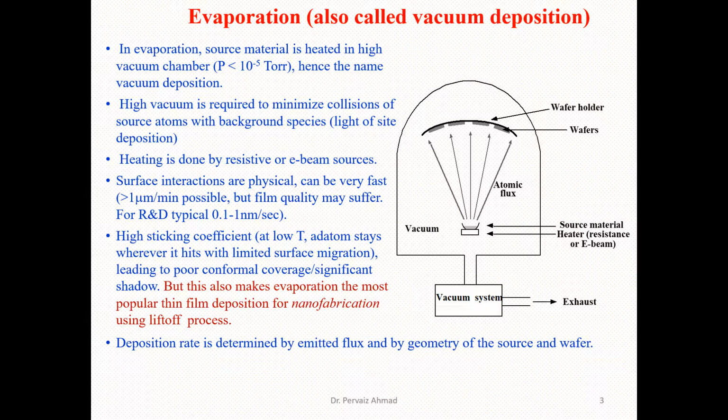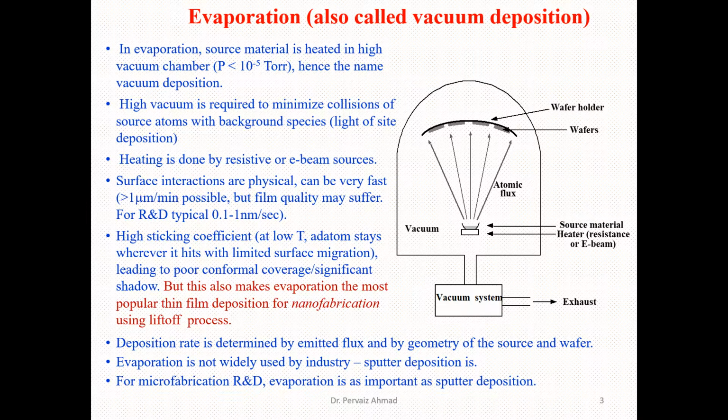Deposition rate is determined by the emitted flux and the geometry of the source and the wafers. Remember that evaporation is not as widely utilized by industry as sputter deposition, which is mostly employed by industry. For microfabrication R&D, evaporation is as important as sputter deposition.